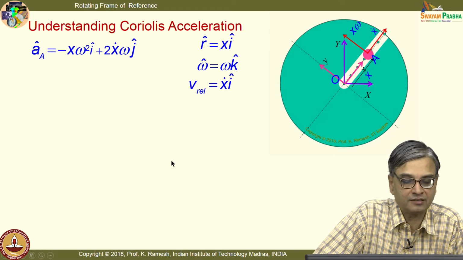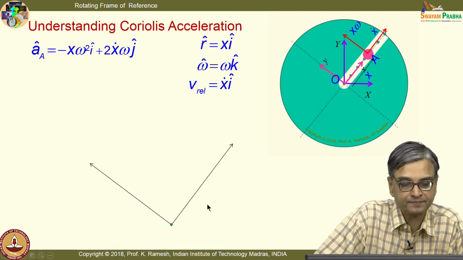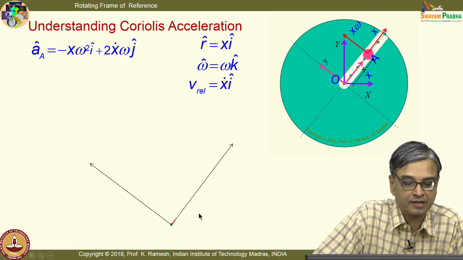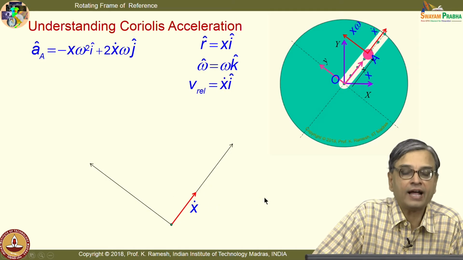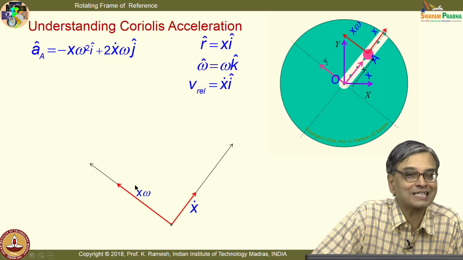I will now understand the terminologies. So, I put the axis here at this instant of time, and what are the velocity components I have? I have a velocity component x dot in the direction of the slot, and I also have another component of velocity which is x omega.